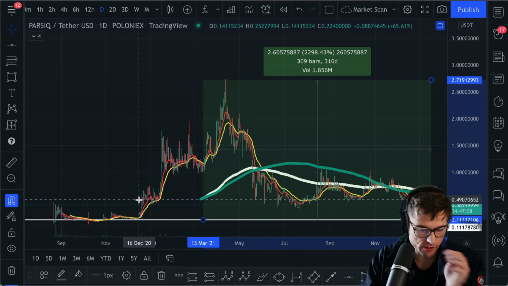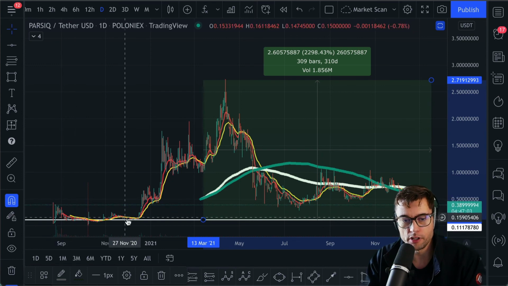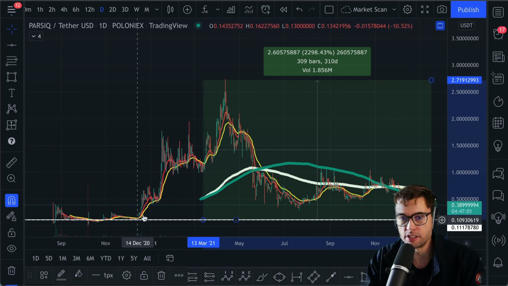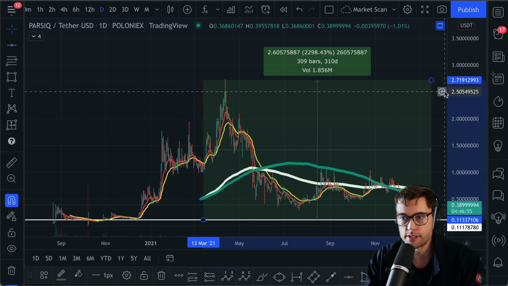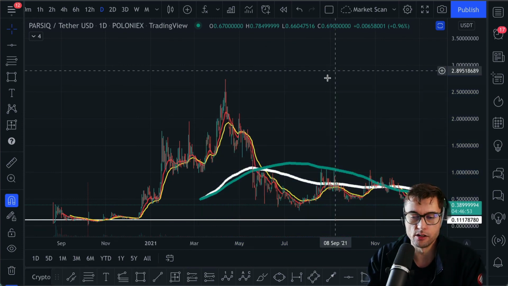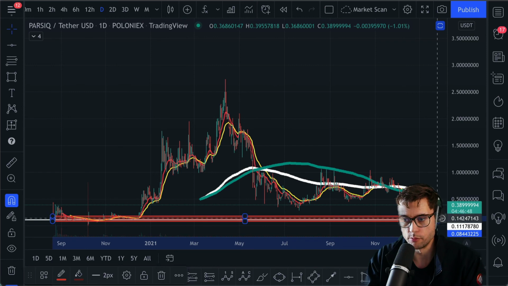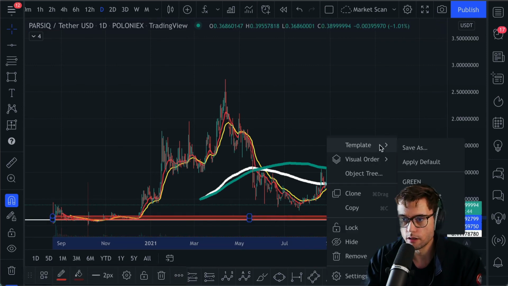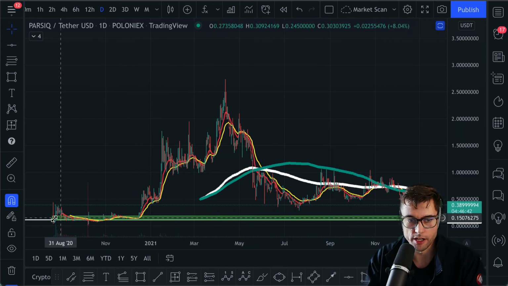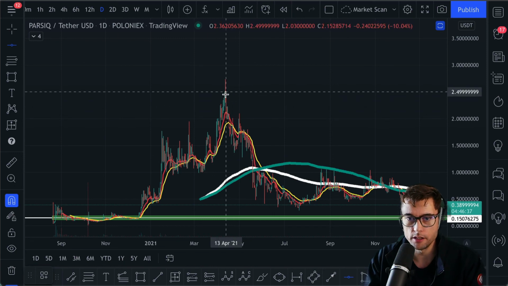Really strong fundamentals, really like it, and from December to April, so in just 4 or 5 months, it did 2,000% gains, and now it's almost all the way back down to basically where it was before all this started. So as long as the fundamentals don't change, Parsec is still a good coin in my opinion.